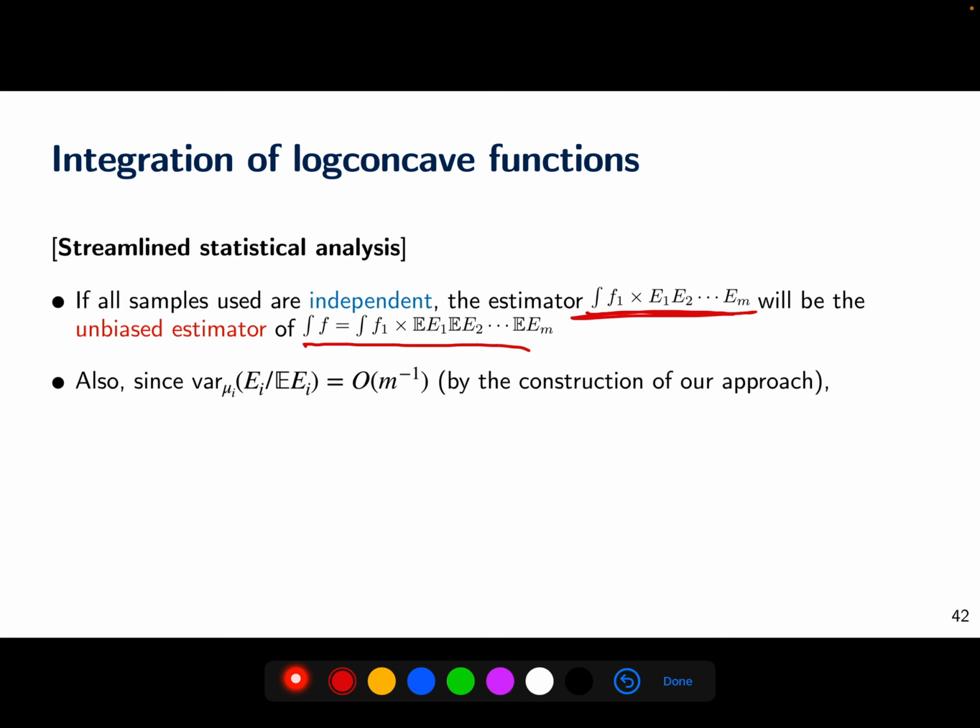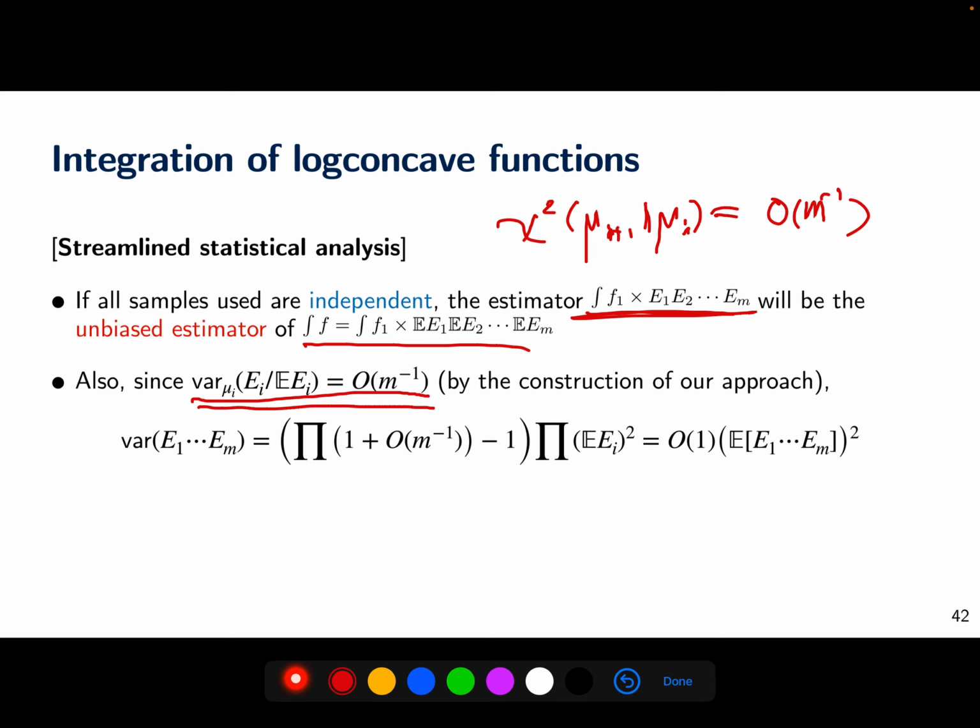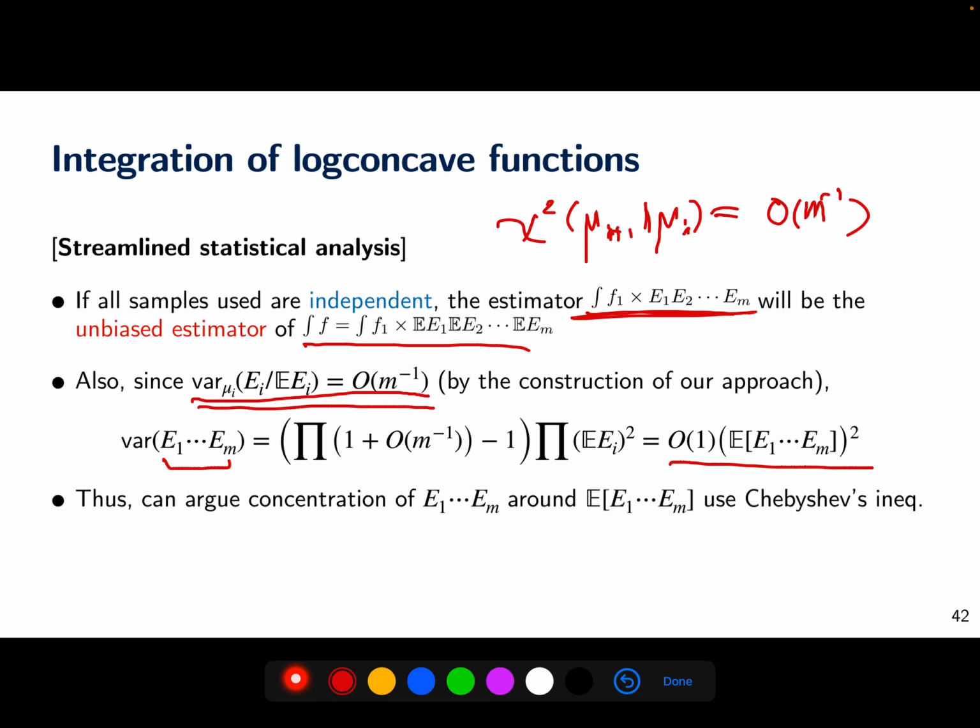And then the variance of this one, which is enforced by our third condition, which is this, by using independence and basic probability algebra, we can check that the variance of our estimator will be given as this. And then using just the Chebyshev inequality, we can argue some concentration of the estimator around the mean, which is our target quantity, if every sample used is independent.